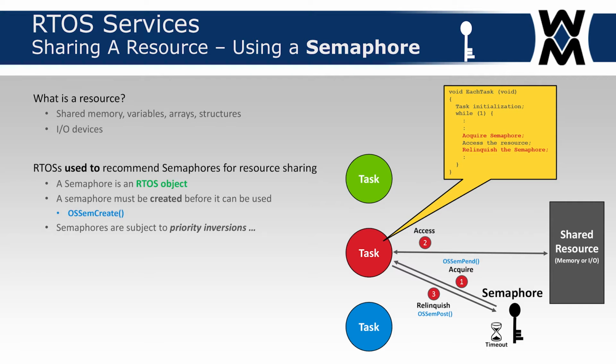And when I'm done with the resource, I have to relinquish the key back so other tasks could have access to that semaphore. So all these three tasks are competing to get access to this resource, but only one of them will have access to it, and the one that gets it is the one that initially gets the semaphore in the first place.